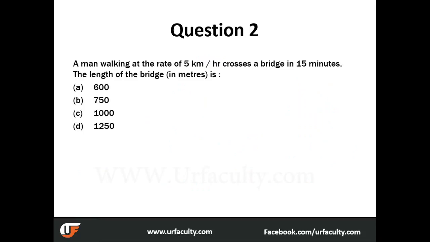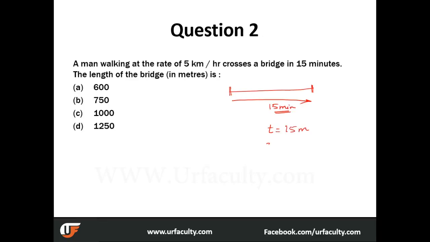So moving on to the next question. A man walking at the rate of 5 km per hour crosses a bridge in 15 minutes. The length of the bridge is? Don't get confused by looking at this question. It's again a very simple question. It's just saying that there's a bridge and the man crosses it in 15 minutes. You have been given time, which is 15 minutes.